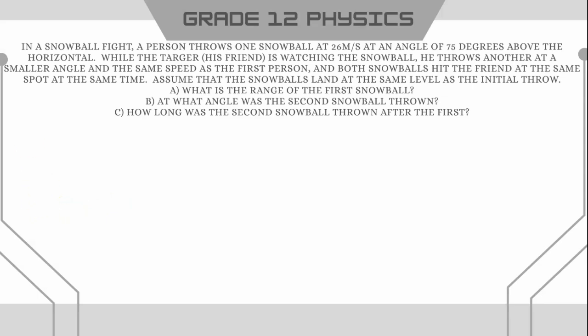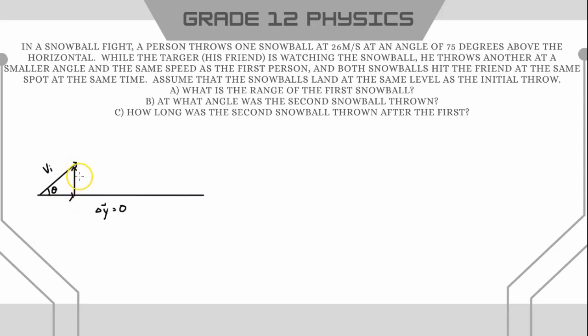So let's say we're shooting something, a projectile, on level ground. So delta y is going to be 0 because we start and stop at the same height. Now we're going to shoot a projectile with some initial velocity, vi, at some angle theta. So we can break that up into its components.